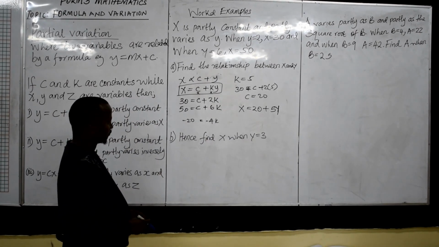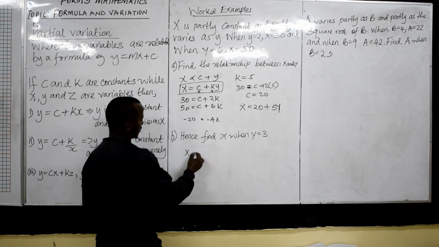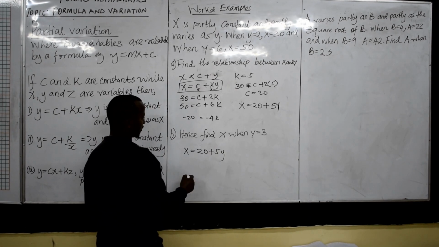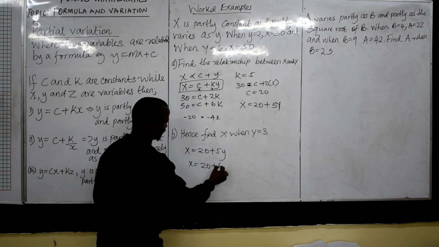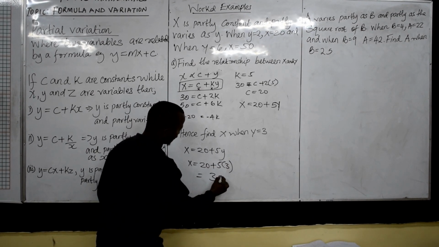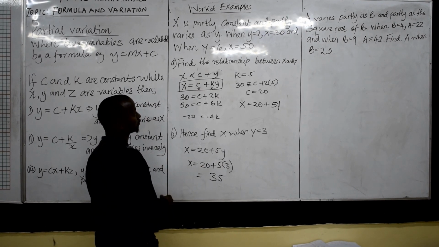Then part B, hence find x when y is 3. So just substitute in x is equal to 20 plus 5y. When y is 3, we shall have x is equal to 20 plus 5 into 3, which is 15, and then our answer will be 35.